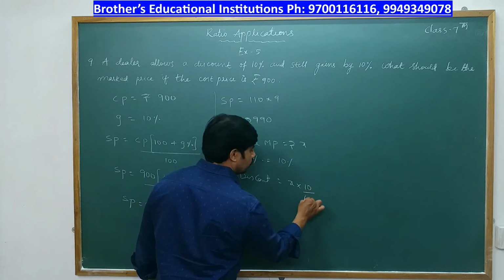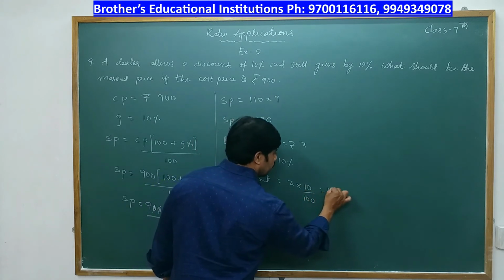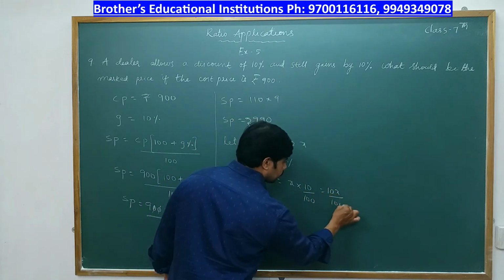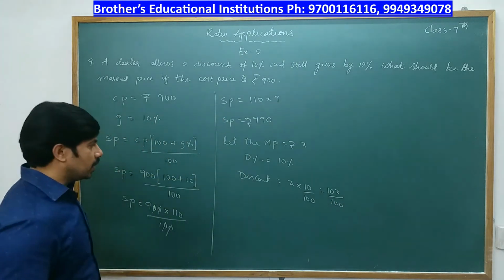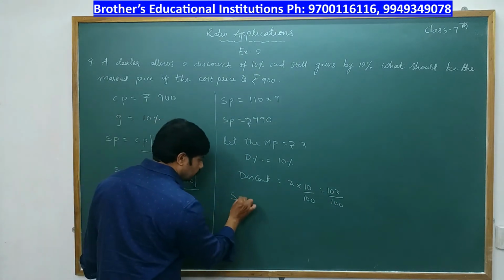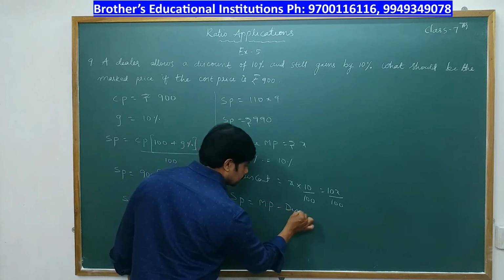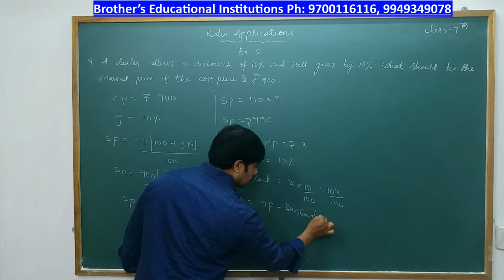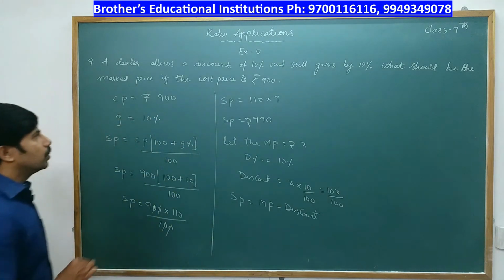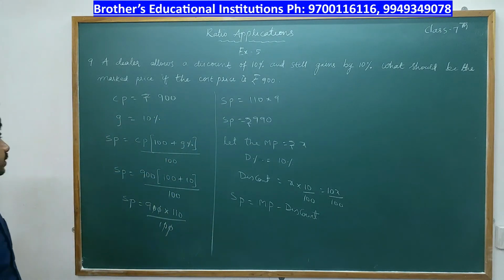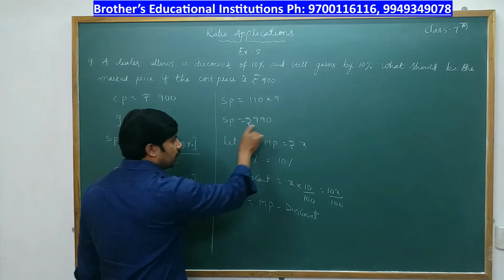So X into 10 by 100, we get 10X by 100. Now after that, selling price is equal to marked price minus discount. Okay, so selling price we have, it is 990 rupees.